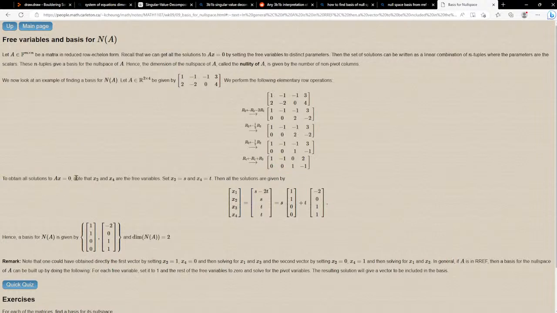To obtain all solutions for Ax equals 0, note that x2 and x4 are the free variables. Yes, because there's an implied row of all zeros under here. Setting x2 equals s and x4 equals t, then all the solutions are given by x1 is equal to, flip all these signs, s minus 2t.